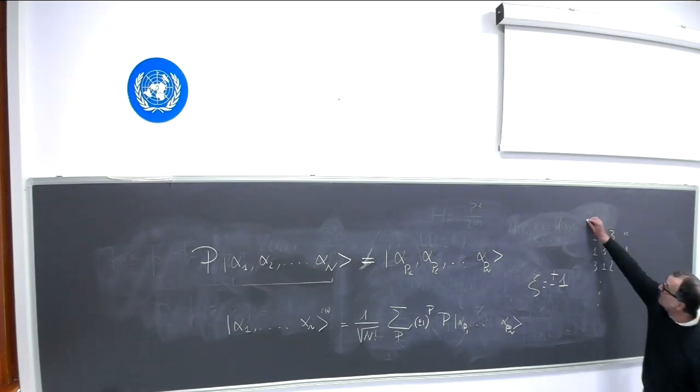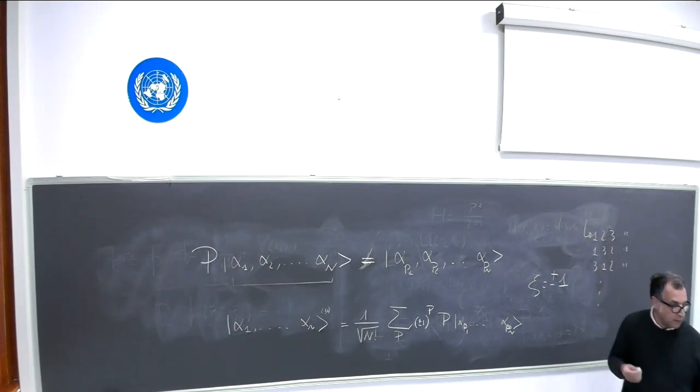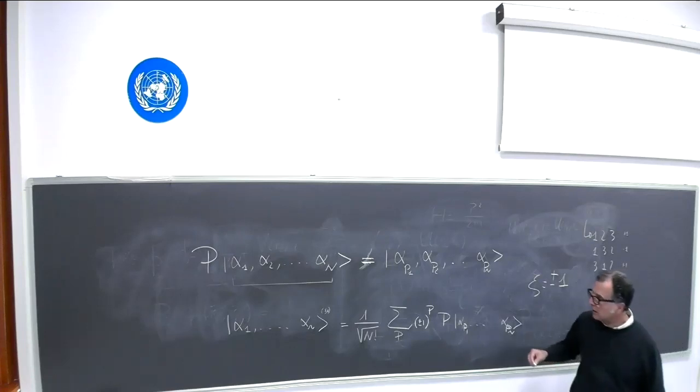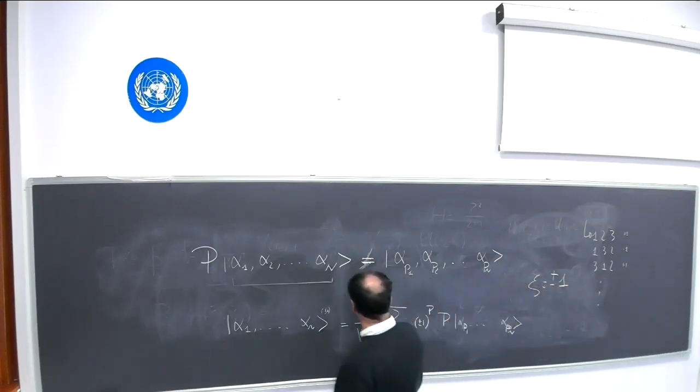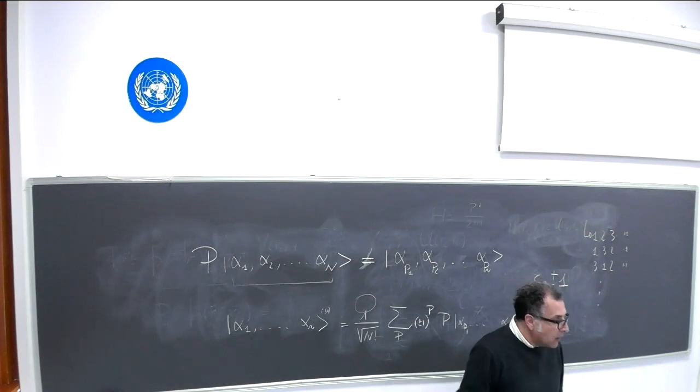It does not really matter which ordering you start from, because if you start from another ordering of labels, this will just bring an overall phase factor in front of the wave function, and overall phase factors do not play any role.